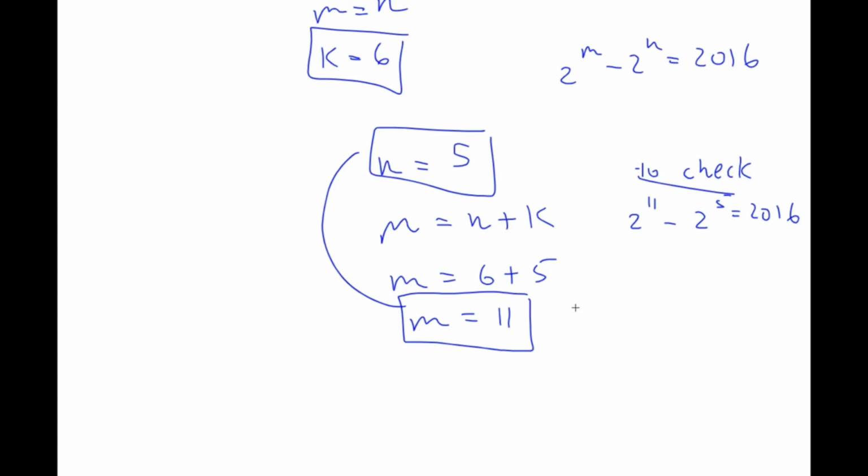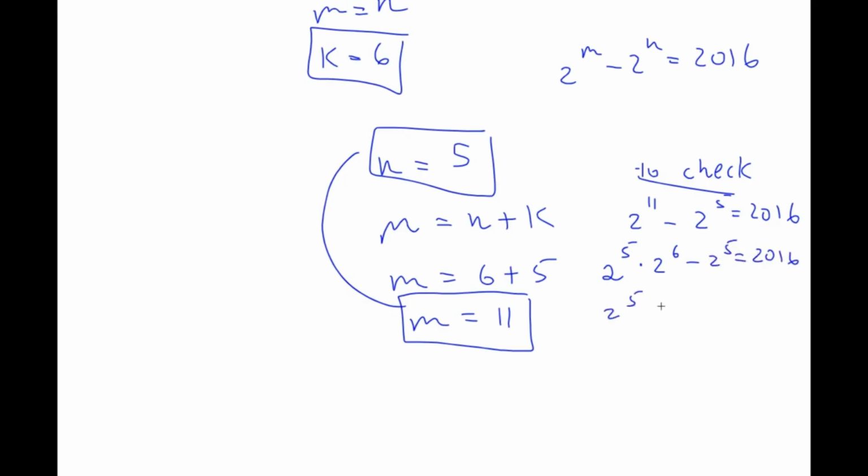Now, 2 to the power of 11, I'm going to go ahead and rewrite as 2 to the power of 5 times 2 to the power of 6. So now I have this minus 2 to the power of 5, which is 2016.